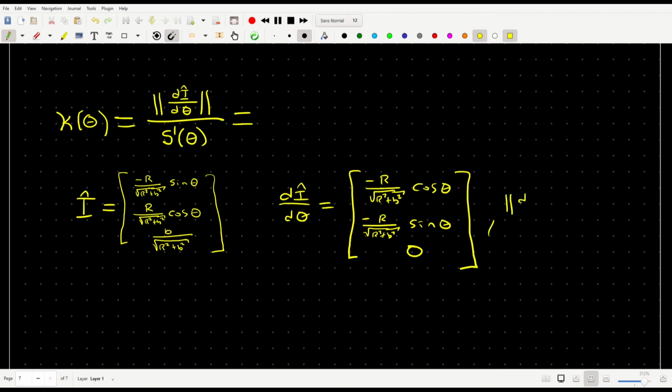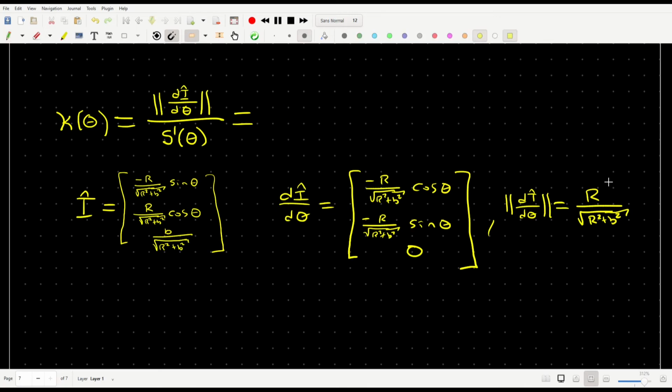So the magnitude of dT/dθ is going to be the square root of this squared plus this squared plus this squared, which just ends up being r over the square root of r squared plus b squared.